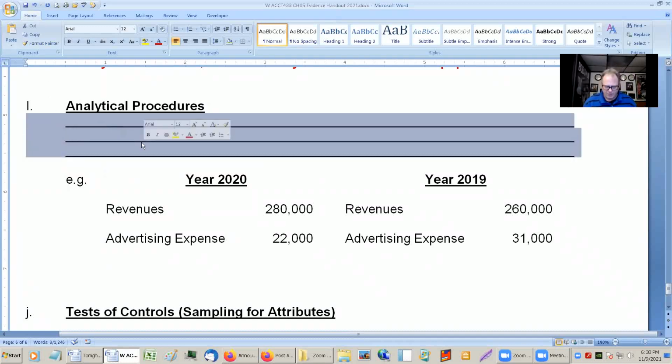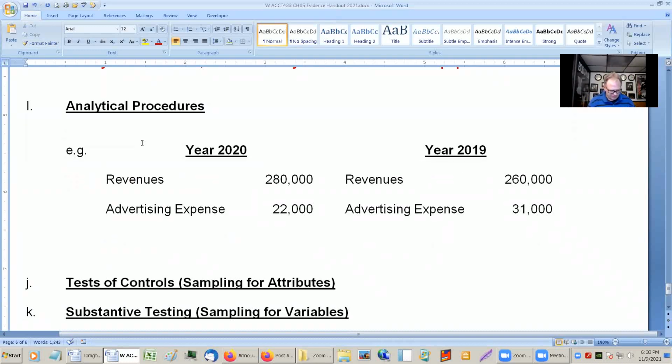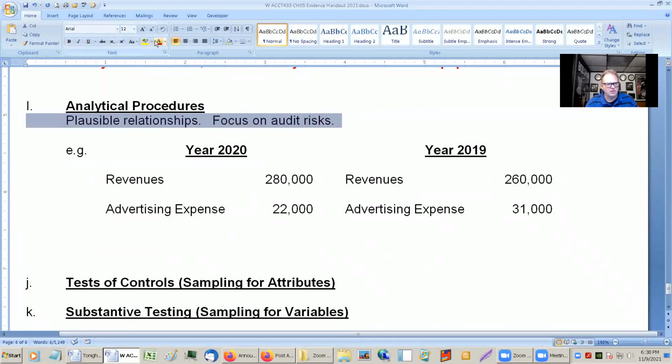You actually look for things that might cause you concern that you may want to look into further. They generally focus on audit risks. So plausible relationships, and they focus on audit risks.